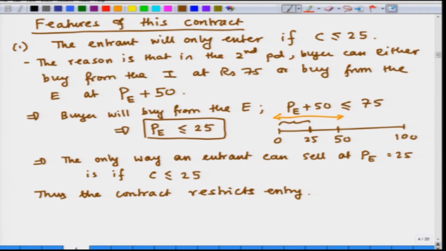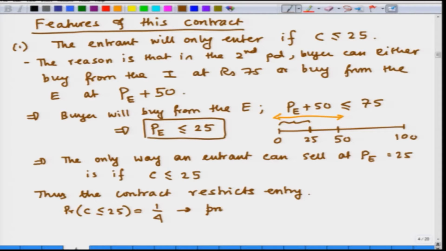Why does it restrict entry? Because previously an entrant with a marginal cost C less than or equal to 50 could have entered, and the probability of that is 1/2. Now, an entrant with C less than or equal to 25 only can enter. The probability that C is less than or equal to 25 is essentially 25 minus 0 by 100 minus 0, which is 1/4.